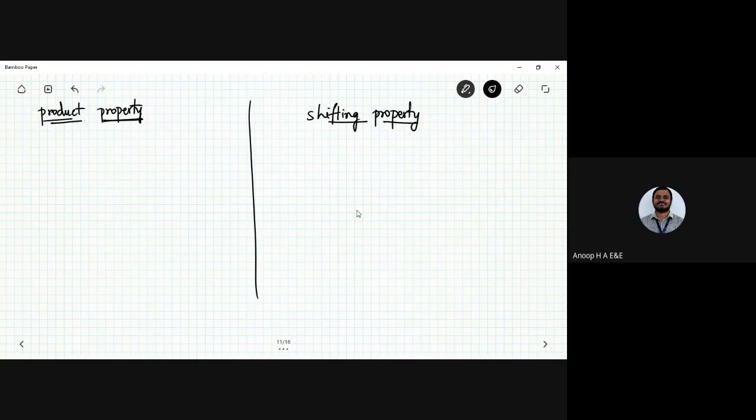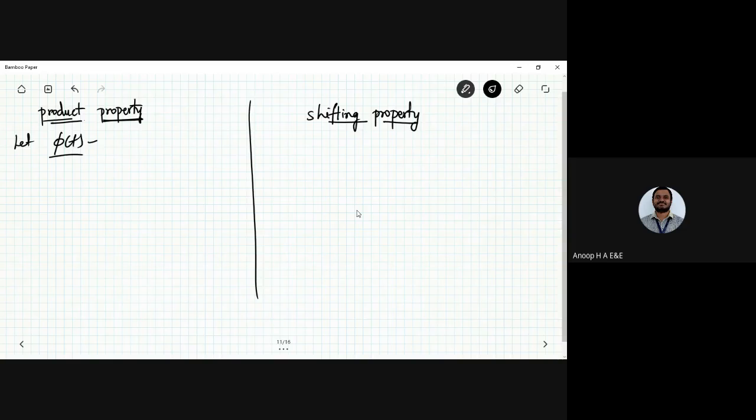Fine. Let me take any function, say phi of t. Any function with respect to time, like sine of t, cos of t, any function which I can generally take, that would be termed as phi of t.